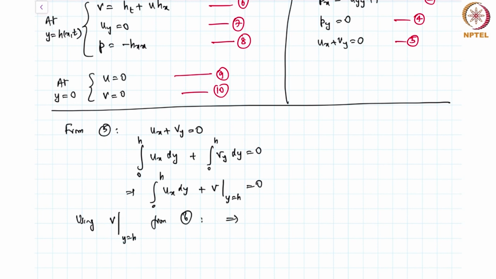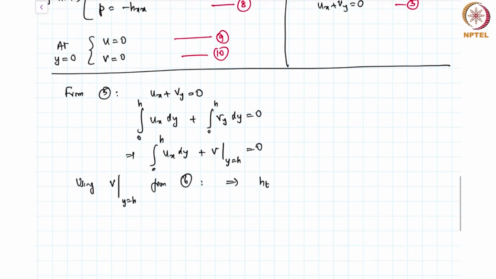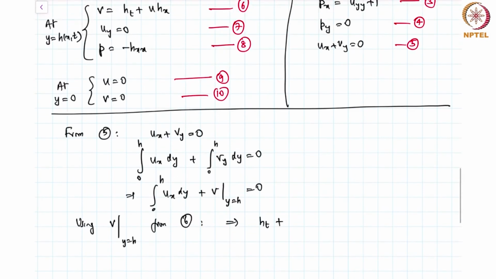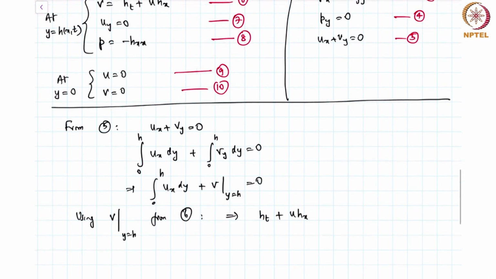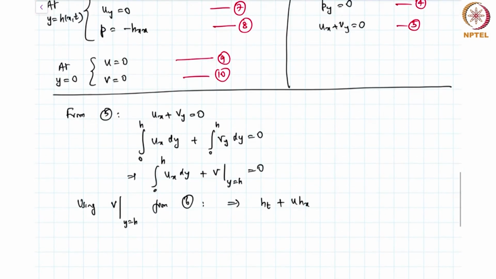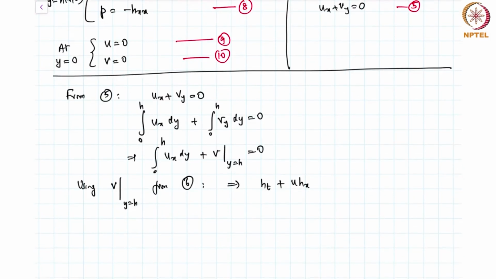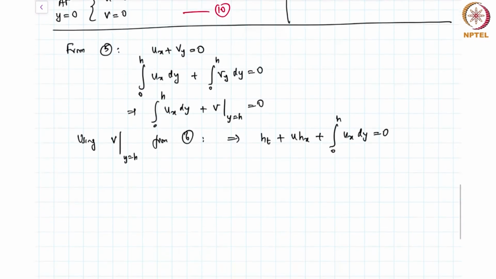We get ht plus uhx plus integral from 0 to h of ux dy is 0. That's my equation that I get.